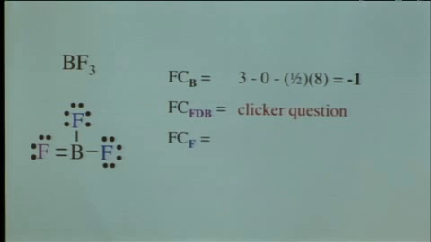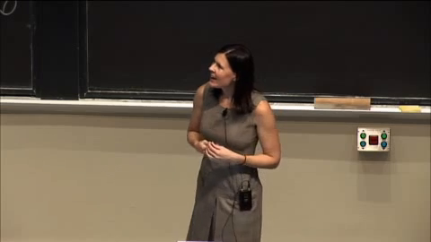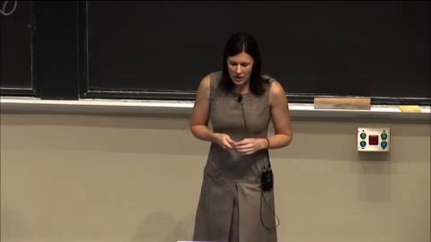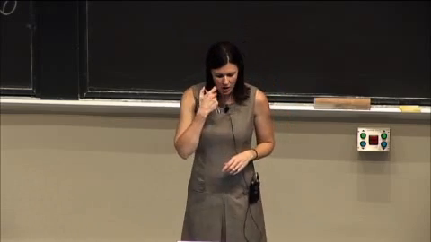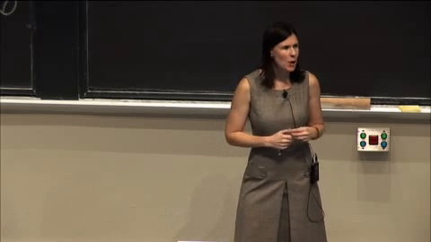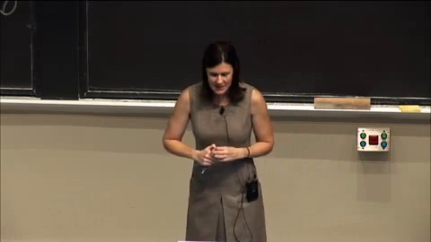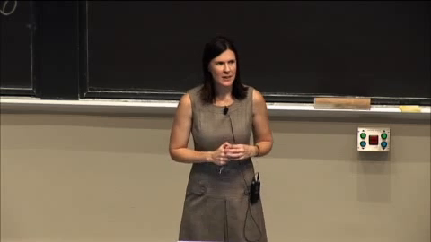What is our formal charge, since we learned this on Monday, for thinking about the double bonded fluorine in boron? So look at your notes and look at the fluorine that has a double bond with it, and I want you to go ahead and tell me what that formal charge should be.